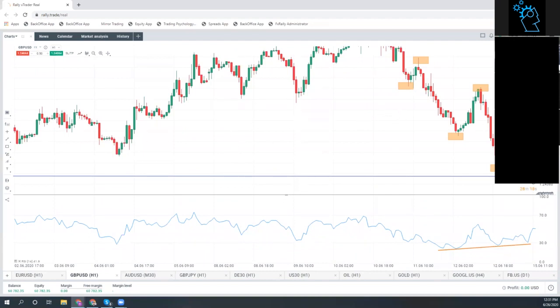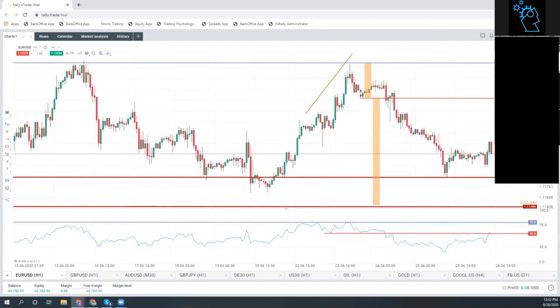So we had a lower low, and this would have been already a lower high. Whenever the divergence starts, as I was showing you before, you need to check for the lows. And this one was an example.